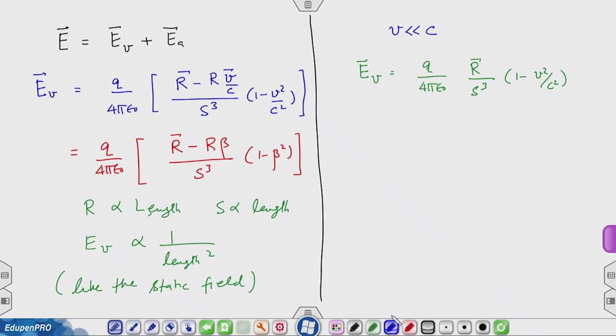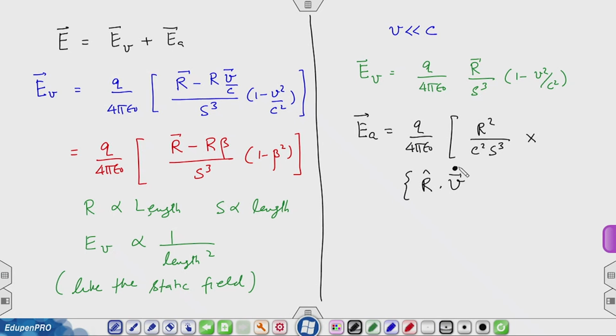On the other hand, E acceleration comes out to be Q over 4 pi epsilon 0, R square over C square S cubed multiplied by R unit vector dot V dot, R unit vector minus V by C, minus S over R V dot.